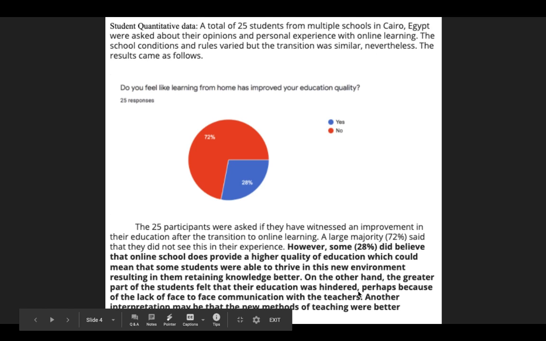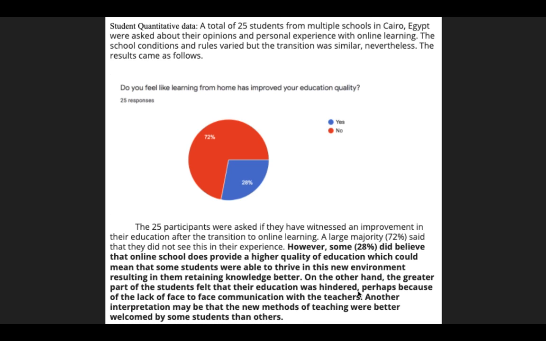Most people felt it was hindered because of the lack of face-to-face communication. So this student guessed that perhaps that is really important to learning. And then a final interpretation is that some methods of teaching were better welcomed by students than others. So perhaps there are students who dislike the videos online and some students who prefer it. She's just made 3 interpretations there.